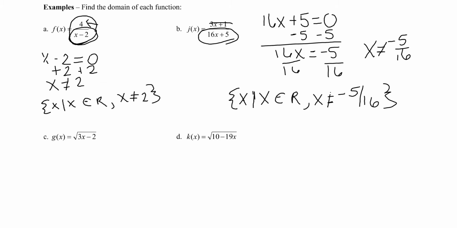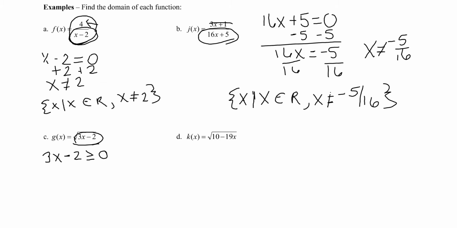All right, for C and D, we have radicals. And recall, with radicals, we can't have a negative number underneath the radical. So what we're going to do is take the expression under the radical, 3x minus 2, and we need to solve it so that it is always either 0 or a positive number. So this equation, or we'll call it an inequality now, must be greater than or equal to 0.